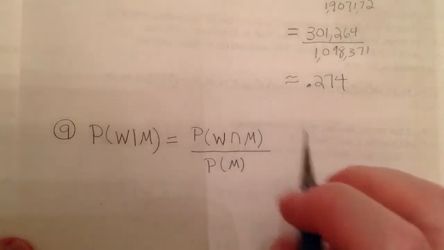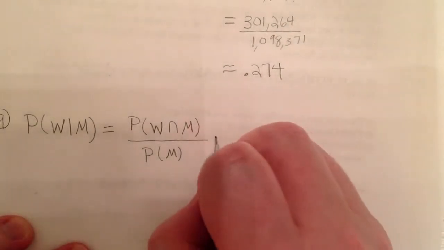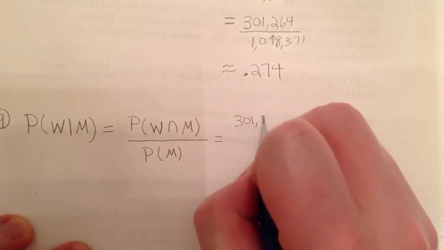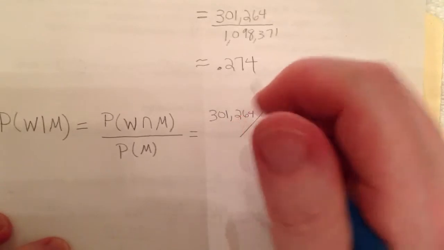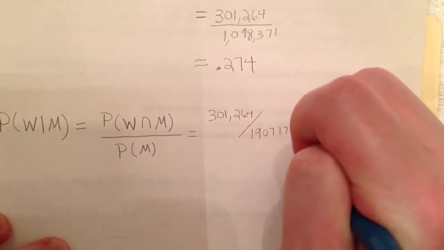and we have it out of the pool of those with master's degrees. So again, for women with a master's degree, we have 301,264, out of 1,907,172.